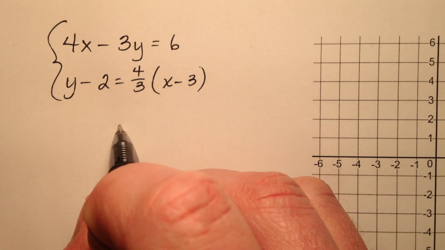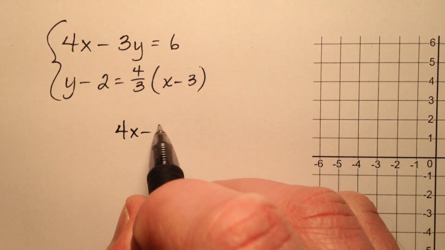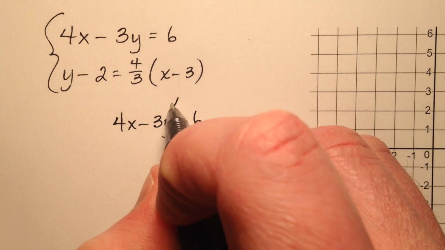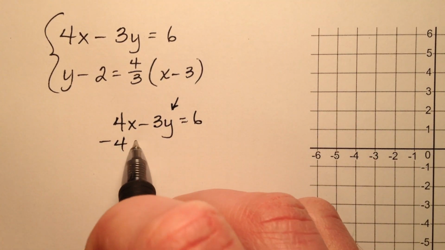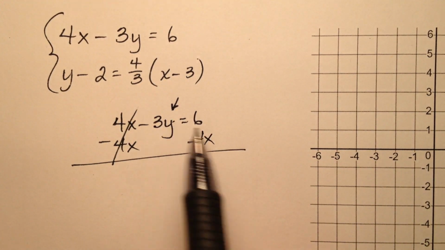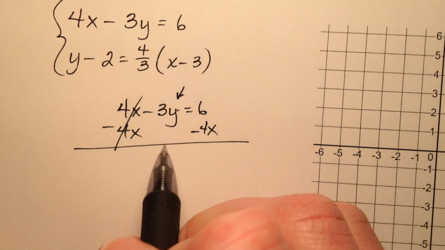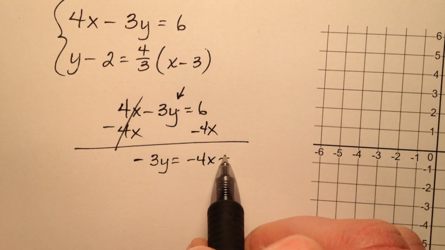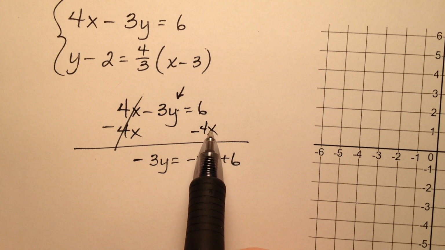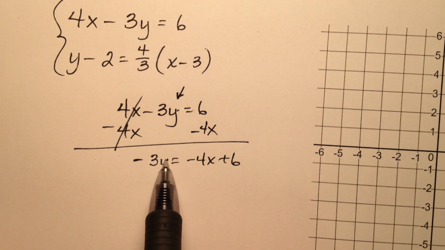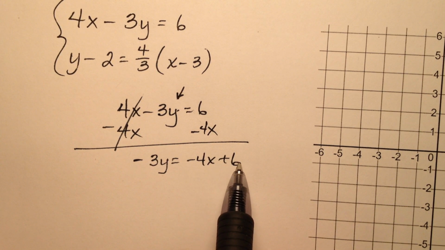So let's start with the first equation, 4x minus 3y equals 6. So we're going to solve for this y right here by first subtracting 4x from both sides in an effort to isolate this y. So negative 3y equals negative 4x plus 6. And again, I kind of snuck this x in before the 6 because really I want it to be in y equals mx plus b form.